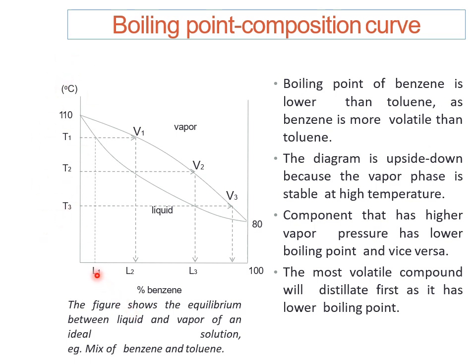So what happened here at L1, for example, liquid L1, percentage of benzene, for example, at this point is 5%, being heated up. Okay, once the temperature increases until, for example, it reaches around 100 degrees, it becomes equilibrium between vapor and liquid. This is the region of equilibrium in the middle here.